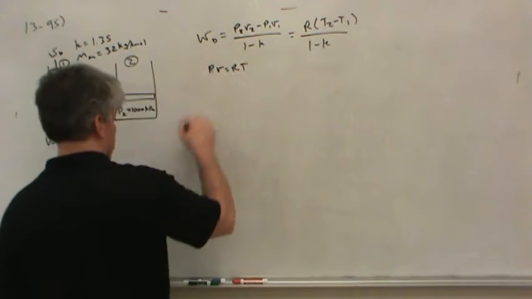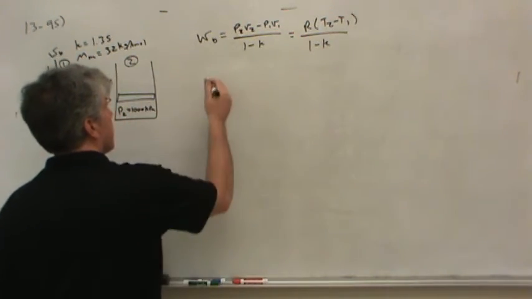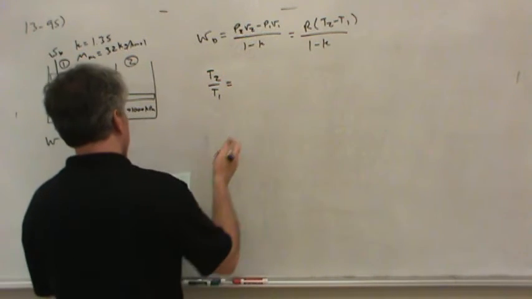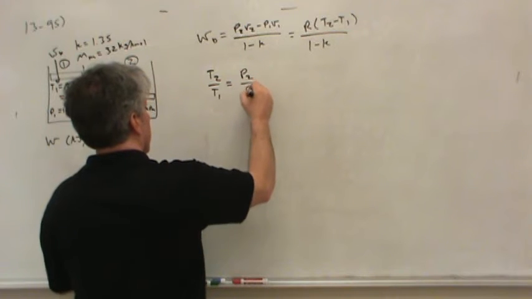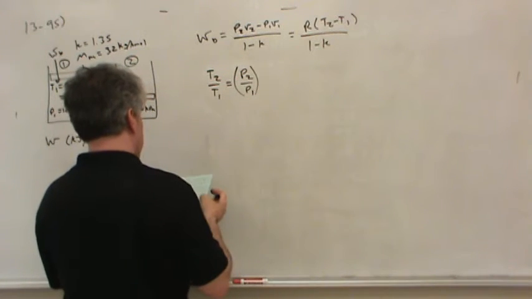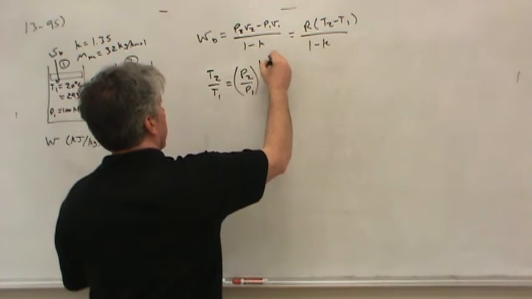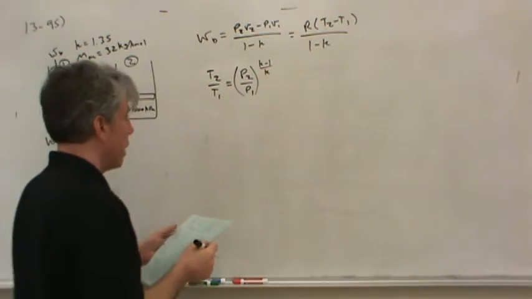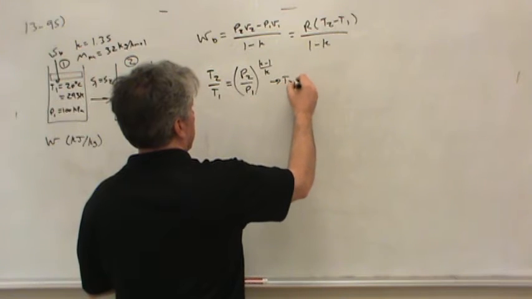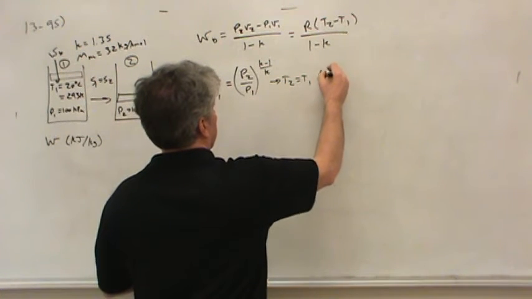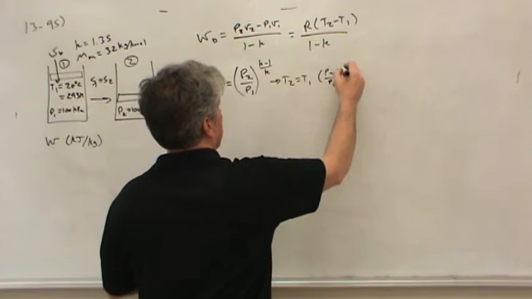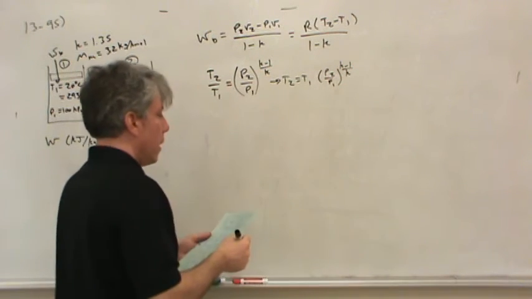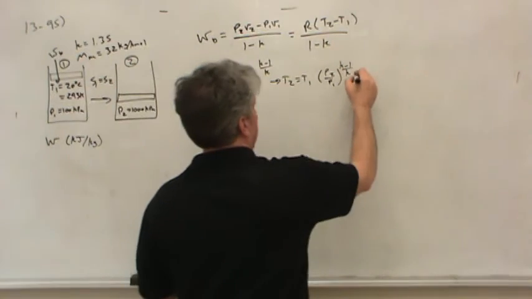Since it's compressed isentropically, I can relate the temperatures in the two states to the pressure ratio. In fact, the equation goes like this: T2 over T1 equals P2 over P1, raised to the power of (k minus 1) over k. Rearranging just a little, T2 equals T1 times (P2 over P1) to the (k minus 1) over k. And so all I have to do now is plug in the numbers.